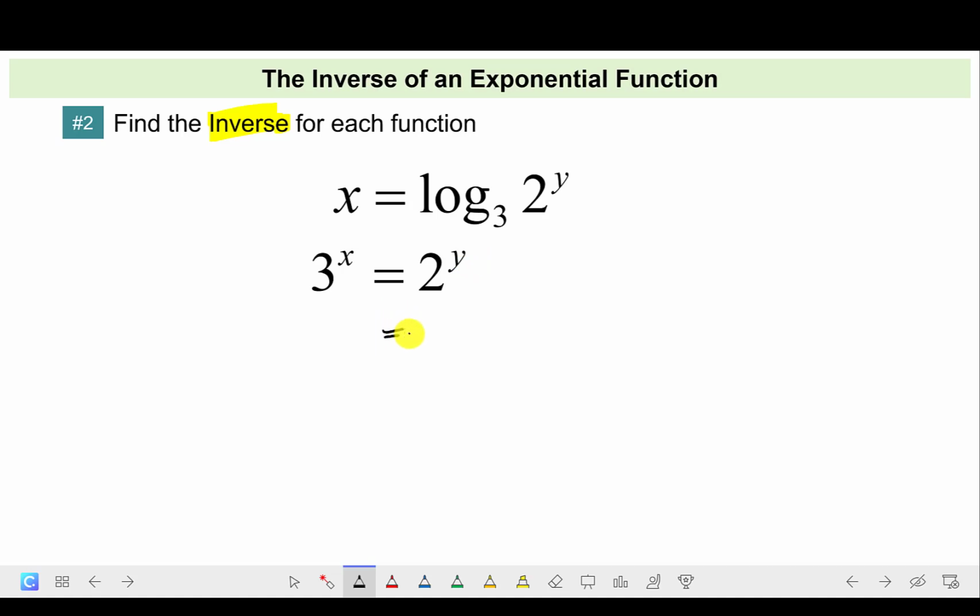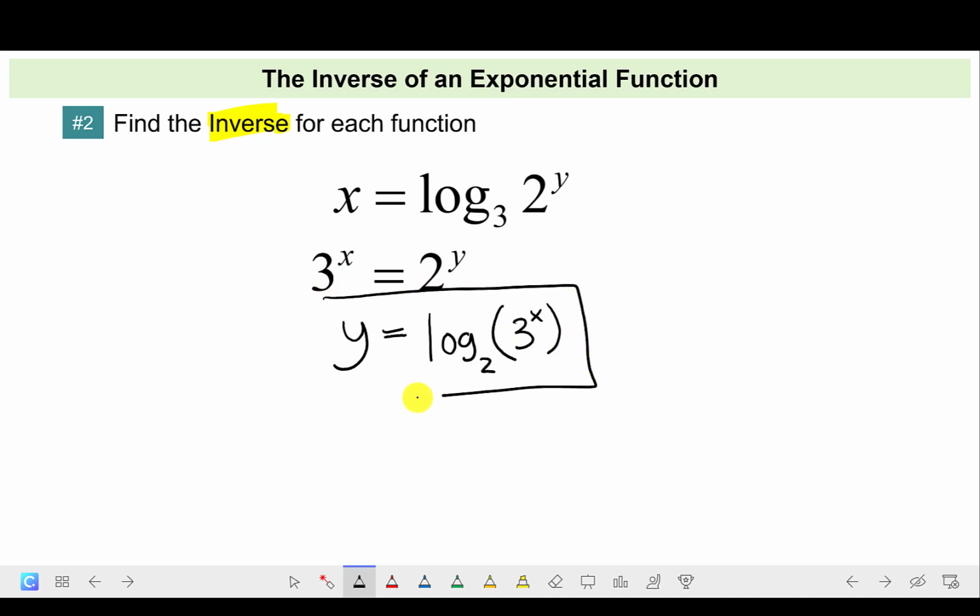We just do it again. This time, it's going to be log base 2 raised to the y returns, and we have to make sure that we know that this whole thing is the argument. And that's our inverse.